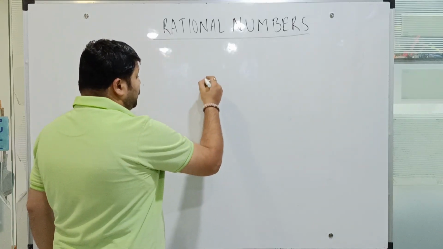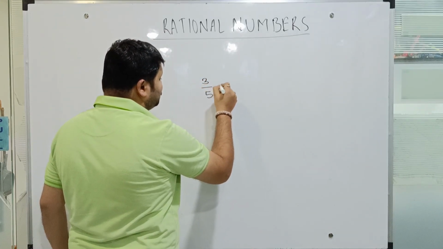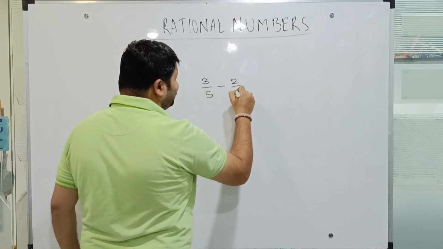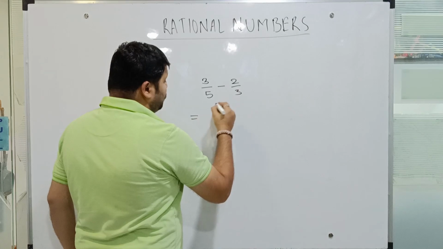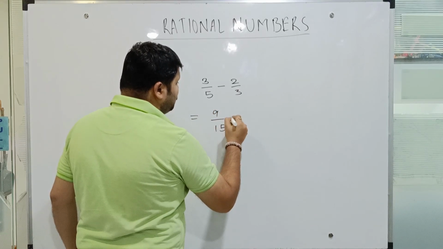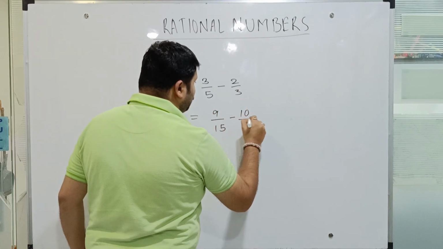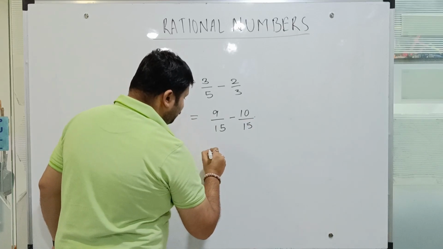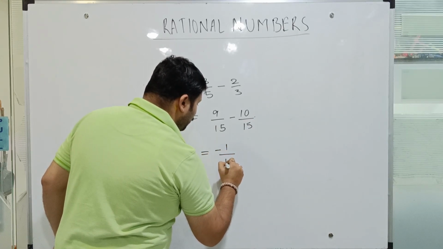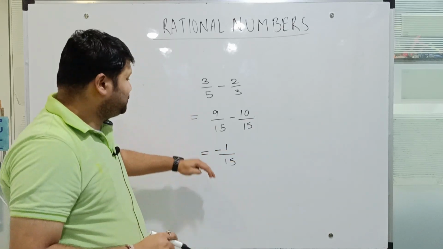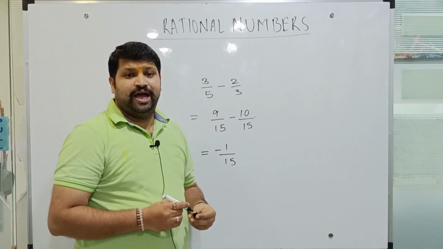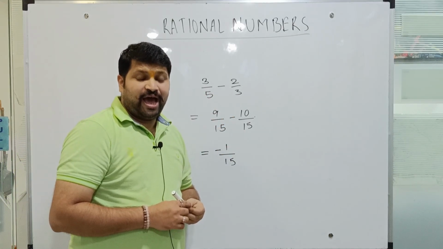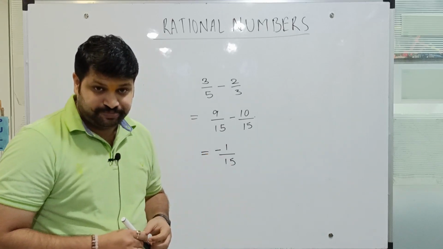If I have 3 upon 5 and I subtract 2 upon 3 from it, then my answer would be 9 upon 15 minus 10 upon 15, giving me the answer as minus 1 upon 15. So the first thing I did is I made the denominators the same, and only then did I go ahead and do the subtraction.